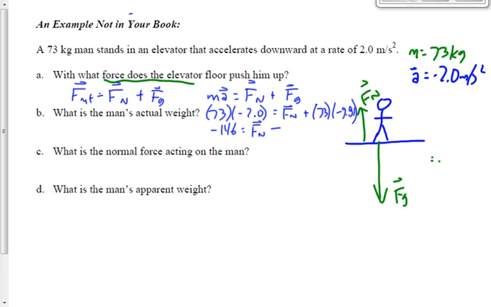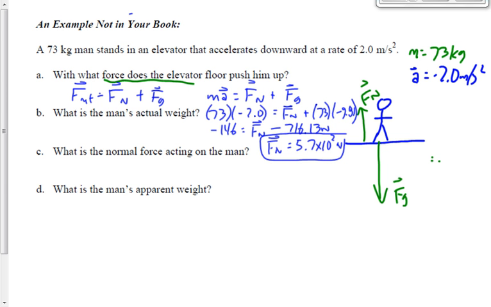On the left-hand side, we've got, what is that, 73 times 9.81 is? 716.13, which we're going to take over to the other side by adding. What do we get when we add that to negative 146? Negative 146 plus 716 is somewhere around 580-ish, some 570.13, or 5.7 times 10 to the 2 newtons.